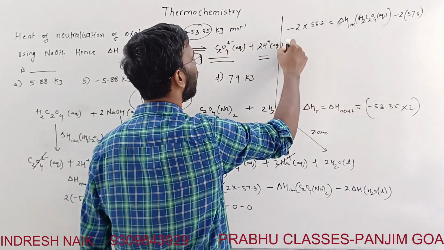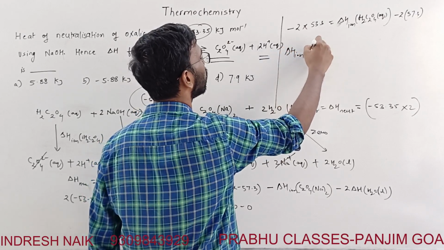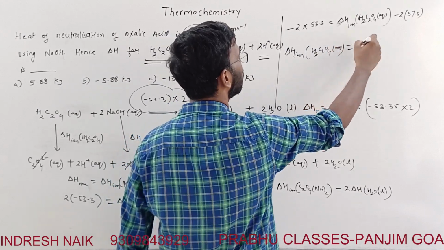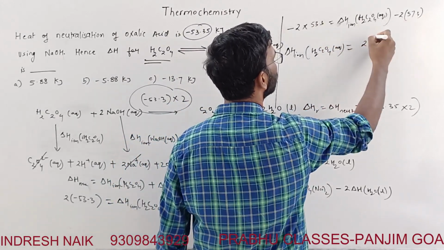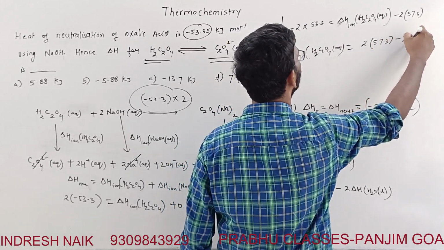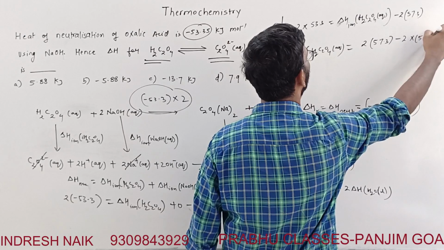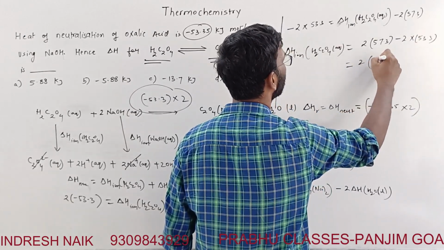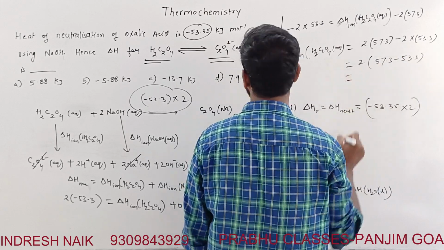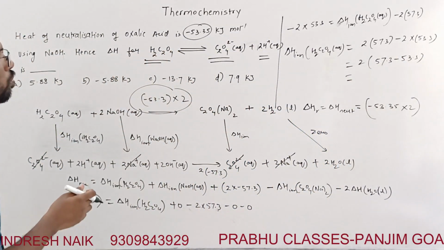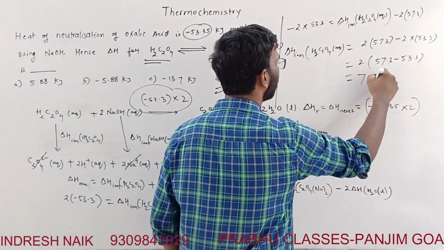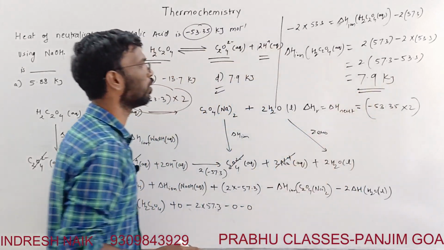So what would be this? Delta H ionization of H2C2O4 aqueous, this will become positive, no? 2 into 57.3 minus 2 into 53.3. So you take 2 common, 57.3 minus 53.3. This is positive, and the answer will come close to 7.9 kilojoules. So this is the answer for this.